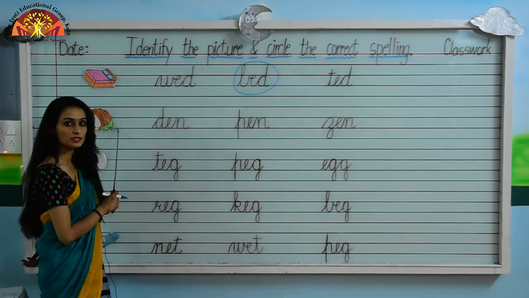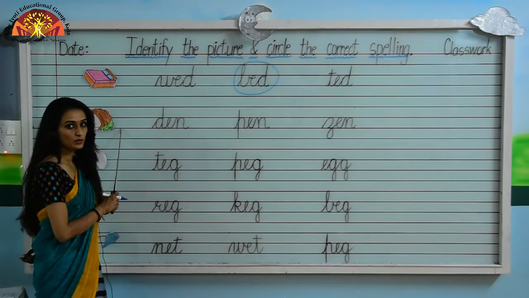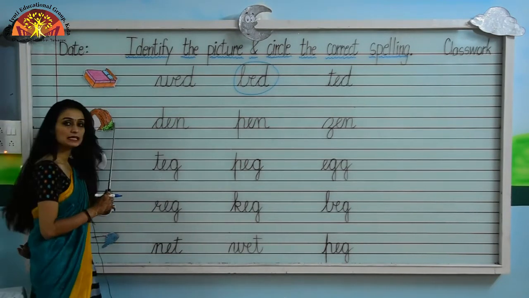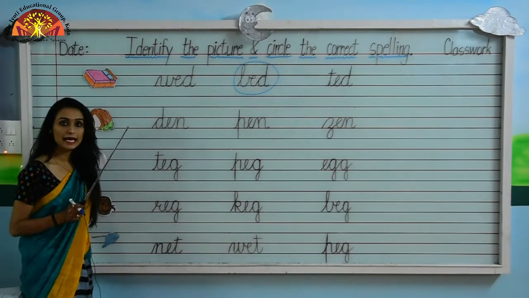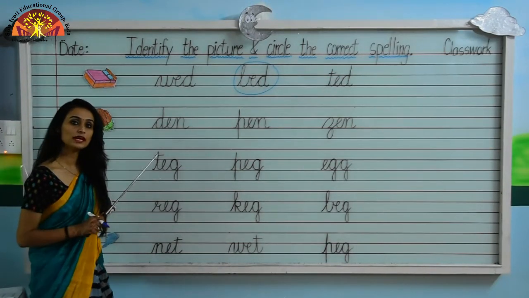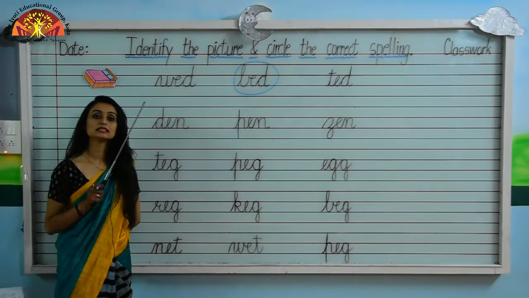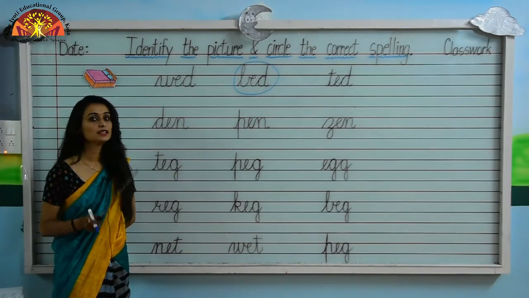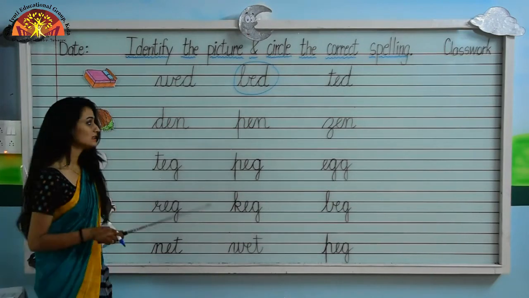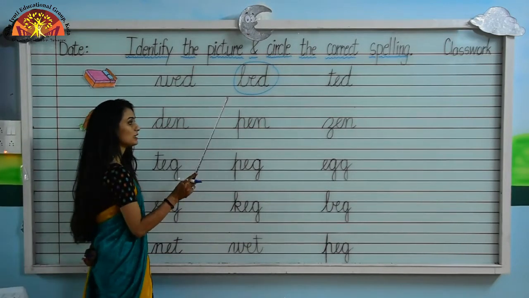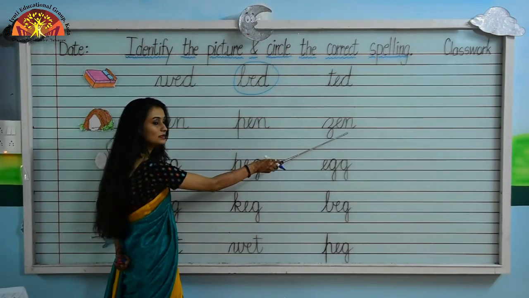Now come to the next one. Tell me which picture is this? Yes, you all know this one. You are right, kids. This is den. And what is the spelling of den? The spelling of den is D-E-N. Den. Now tell me which one is the correct one? Is this one?